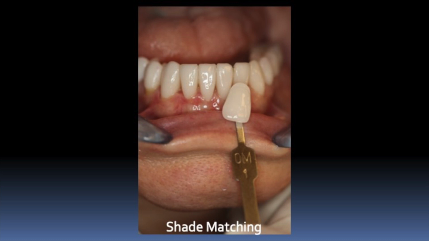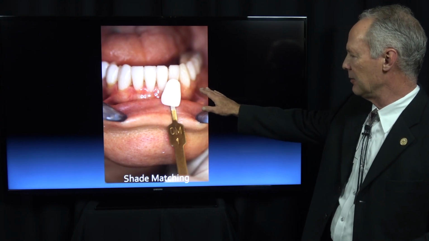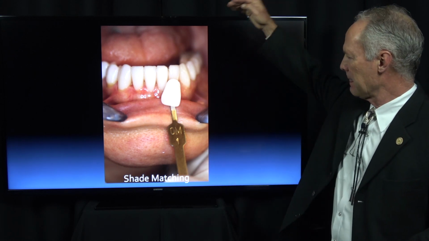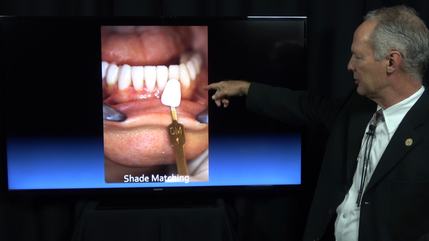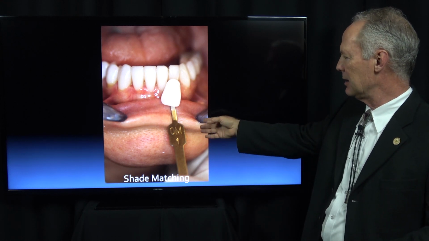This is a shade, this is an A1 taken of the veneers that have already been seated, and I want the technician to match the maxillary veneers to the mandibular veneers. So I'll either use this shade guide, which has multiple shades, including bleach shades, or I'll make a custom shade tab from composite.